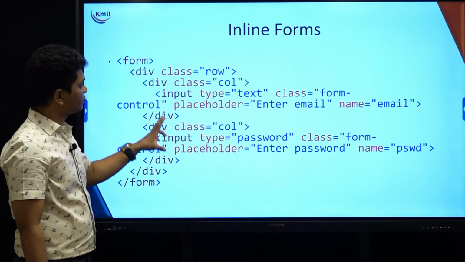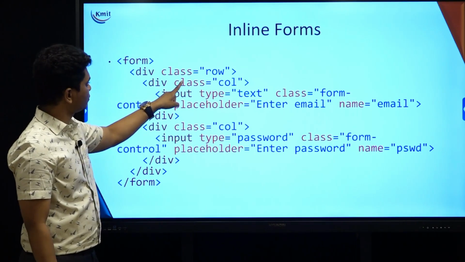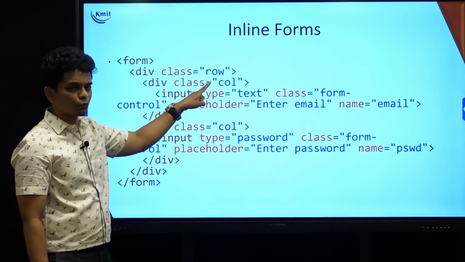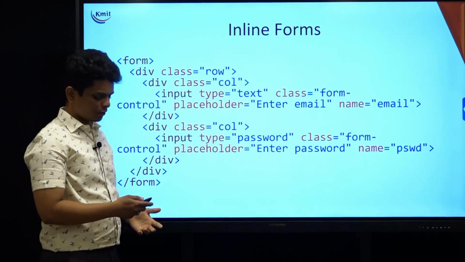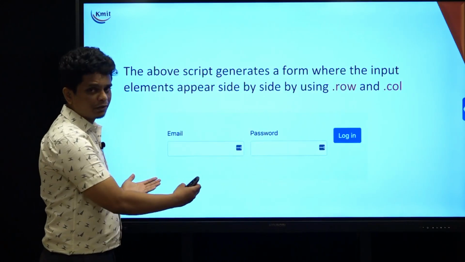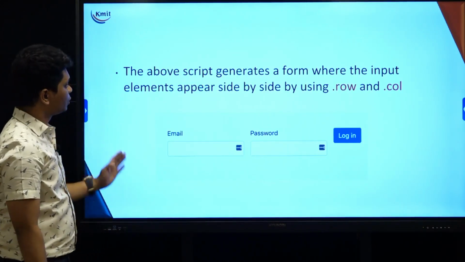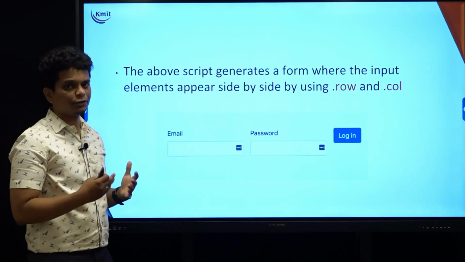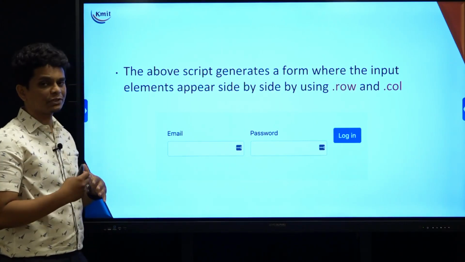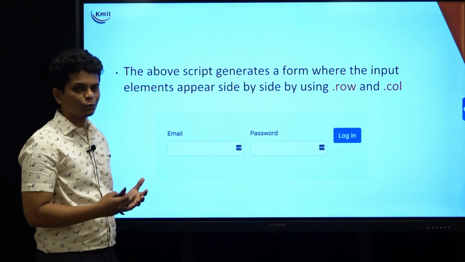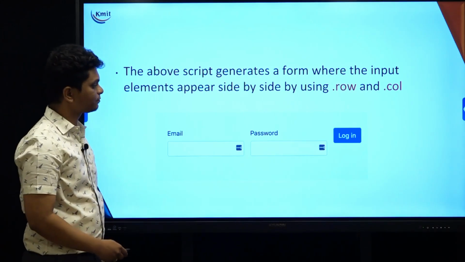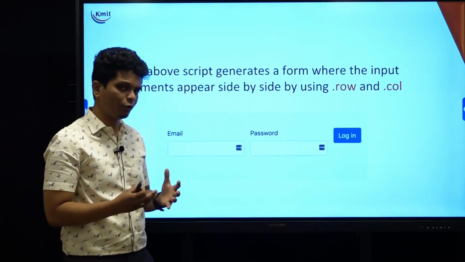The only thing is the classes where we can use a row and column for an inline form for them to be displayed row and column wise. So the above script generates a form where the input elements appear side by side by using .row and .col. So this was about forms.